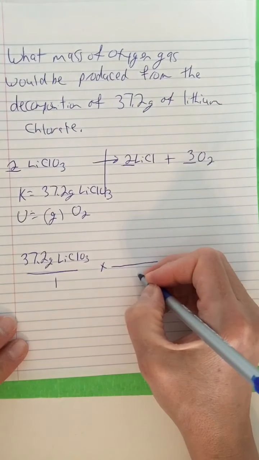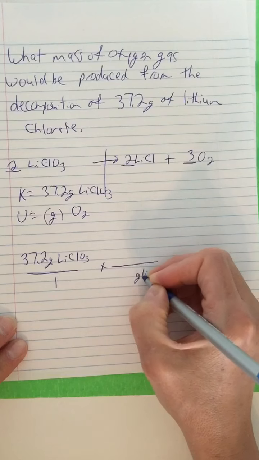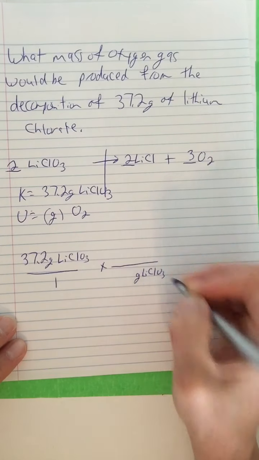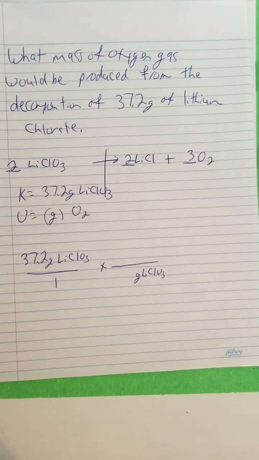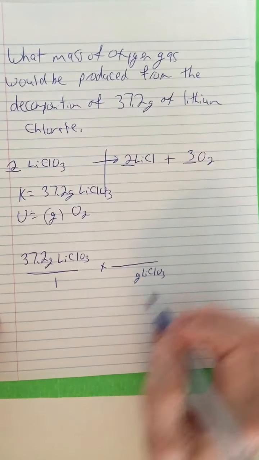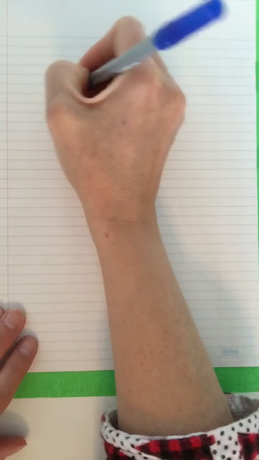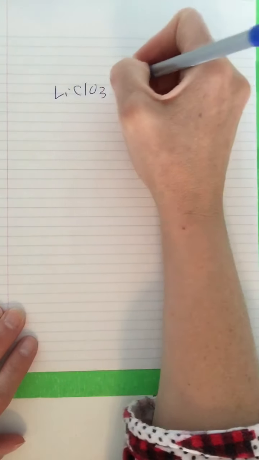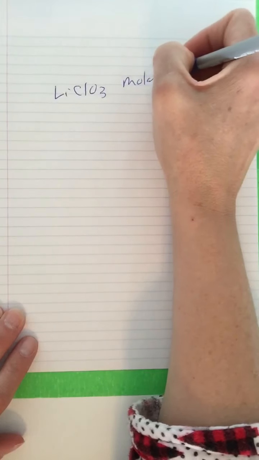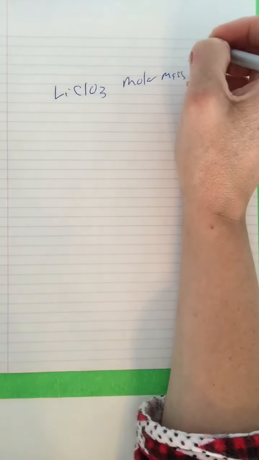I'd like to put grams of lithium chlorate on the bottom. How do I know what to put? Well, I need a little scrap paper. I'm just going to do it right here. LiClO3. What's the molar mass of that? Well, let's go find out.